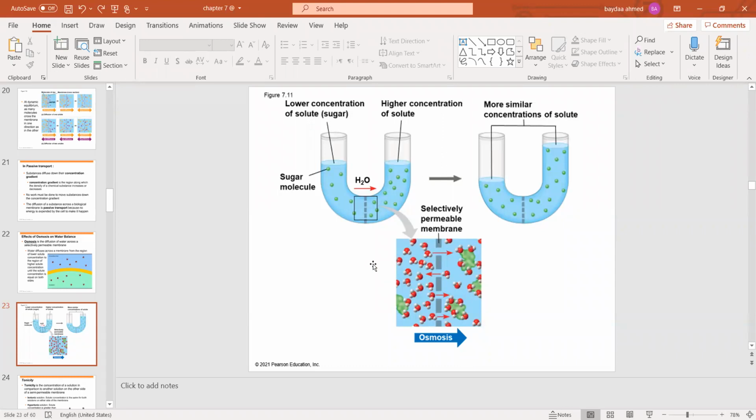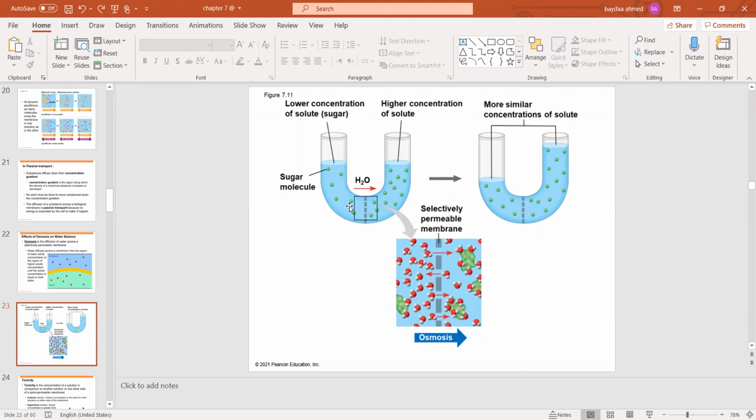To see how two solutions with different solute concentrations interact, picture a U-shaped glass tube with a selectively permeable artificial membrane separating two sugar solutions.